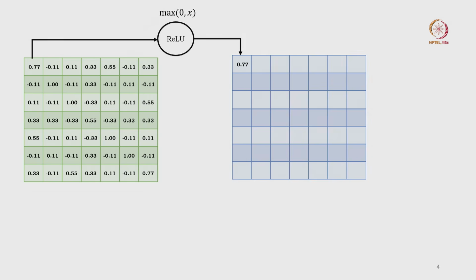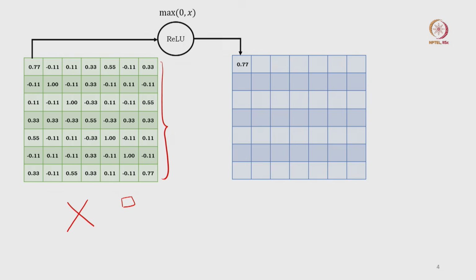That input image is passed to a kernel, and from there we have obtained the feature map. Suppose the input image is X, and you have some kernel that you have taken. This kernel has gone through the entire image and we have obtained this feature map. Now, how has it extracted the features?